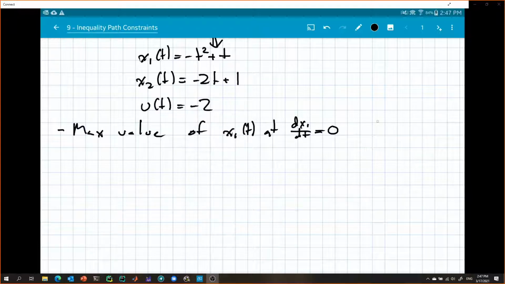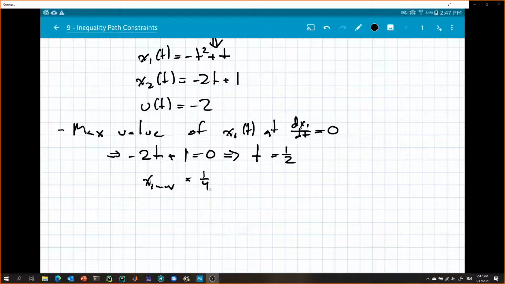So we take the derivative of x1 with respect to time, and then we get negative 2t plus 1 is equal to 0. Therefore, t is equal to 1/2, which you expect, this is a very symmetric kind of problem. So x1 max occurs in the middle, and that's equal to 1/4.